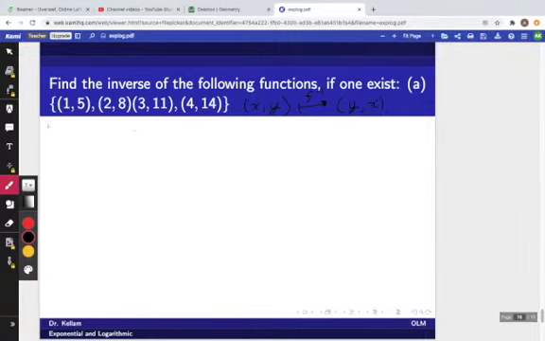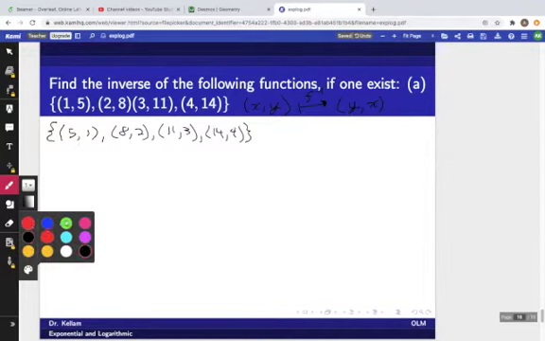So my inverse function of this is quite literally the set 5, 1, 8, 2, 11, 3, and 14, 4. All right, so there's our inverse function for that.